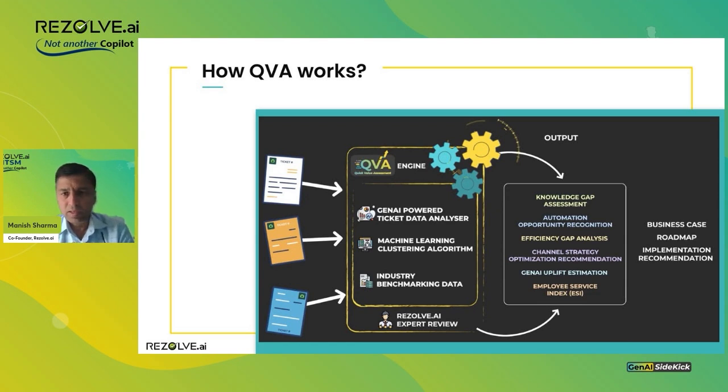In a previous world, if you really wanted insights from tickets, you could hire someone and they could read through the tickets, but they are not an expert. So what are they going to tell you? That means you really want someone very senior to look through the tickets personally and then derive insights from it and then recommend an action plan.